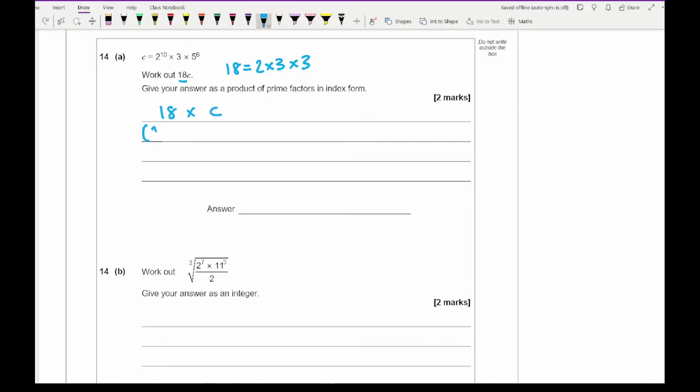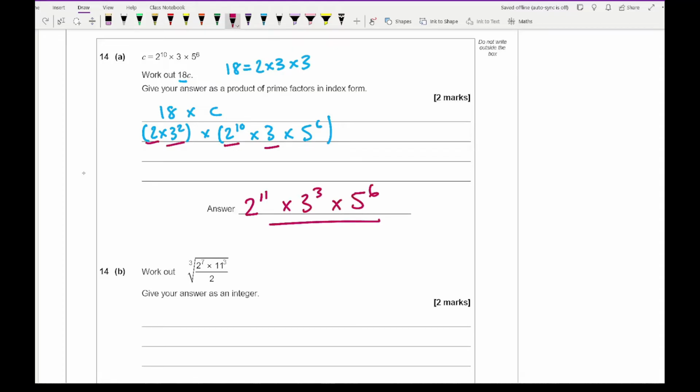So 18 is 2 times 3 squared, times c, which is 2 to the power of 10 times 3 times 5 to the power of 6. So then all we need to do is use the rules of indices. So I've got 2 times 2 to the power 10, so that's 2 to the power 11. 3 squared times 3 is 3 cubed, and times 5 to the power of 6.